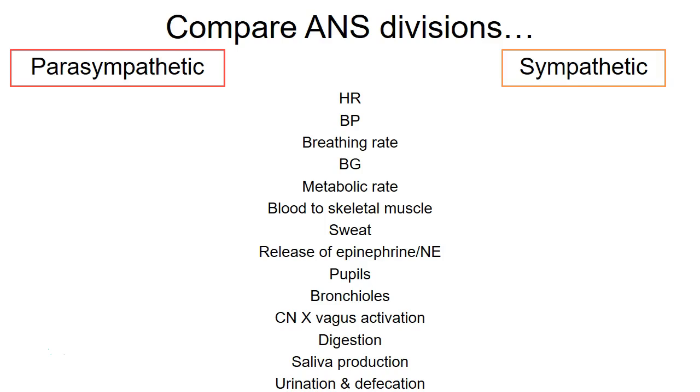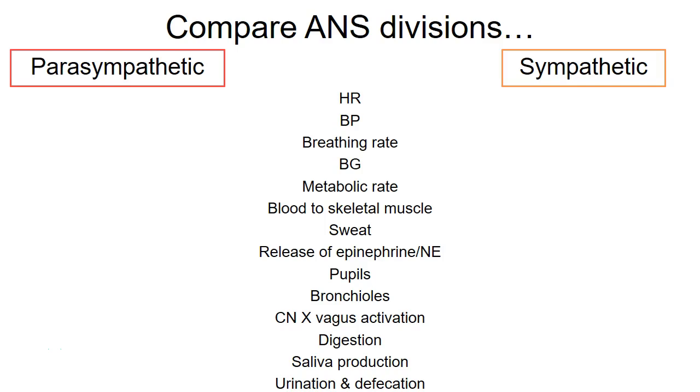Here, the bronchial diameter should increase. So if someone has asthma, would you want to promote bronchial dilation or restrict it? Promote it. So would you want to give them something that is activating or inhibiting the sympathetic innervation of the bronchioles? Yeah, a bronchodilator.